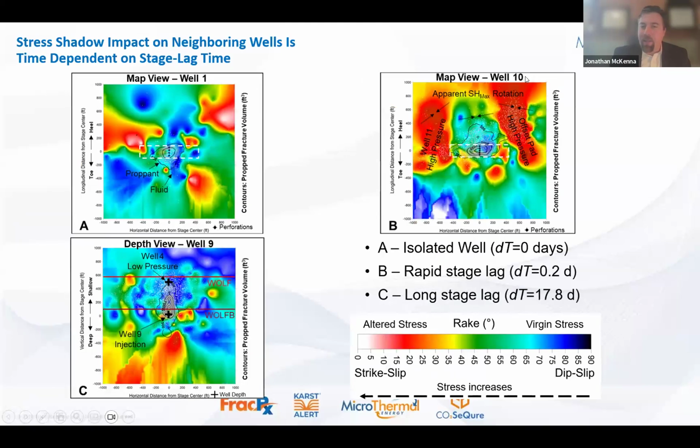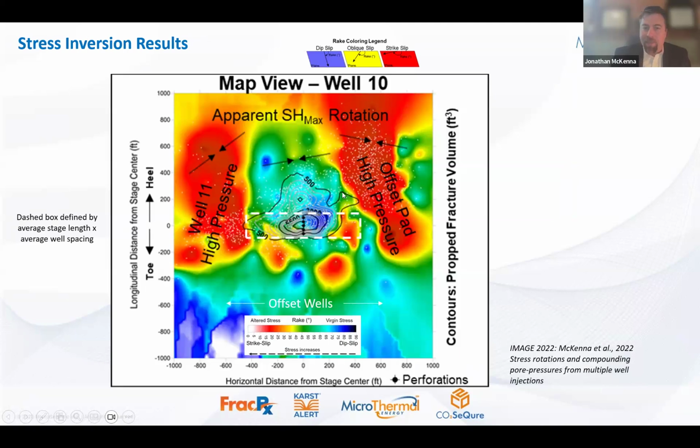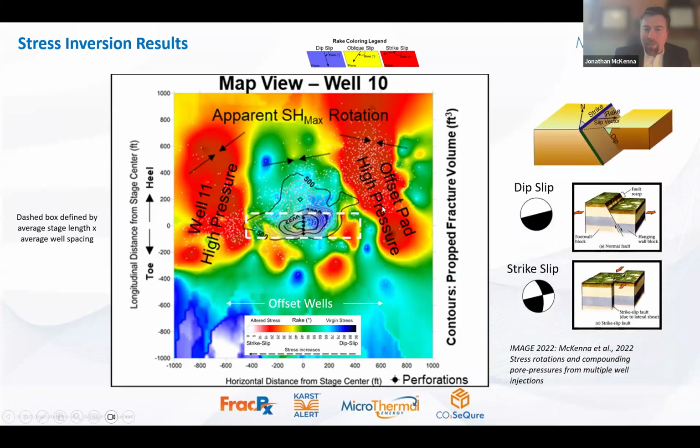And so if we look at this example more in detail, like I said, there's a well, initially offset wells over here, about 650-foot spacing. So they treated this well, then this other one, then within 0.2 days, they treated this third well. And we can see from these colors that there are changes in the stress.